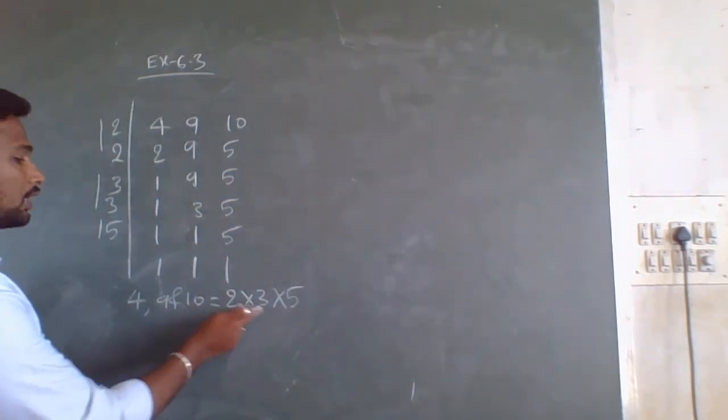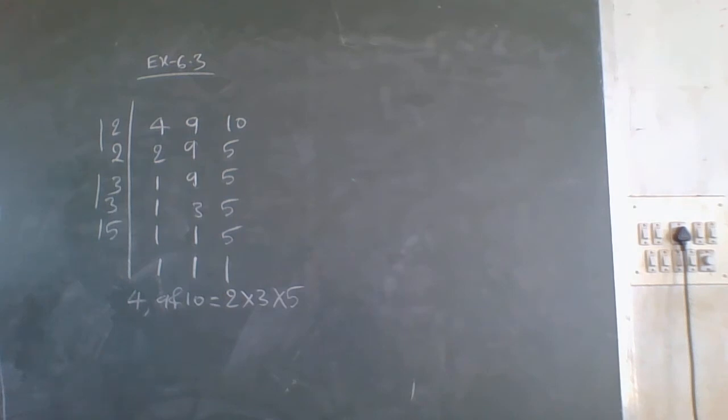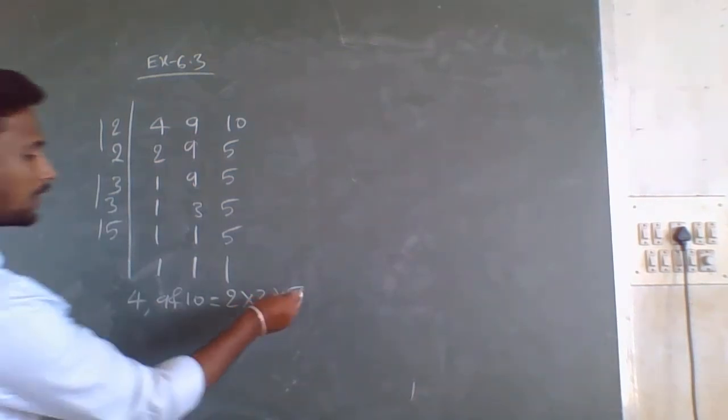So 2 into 3, what will we get? 6. So 6 into 5 is 30.